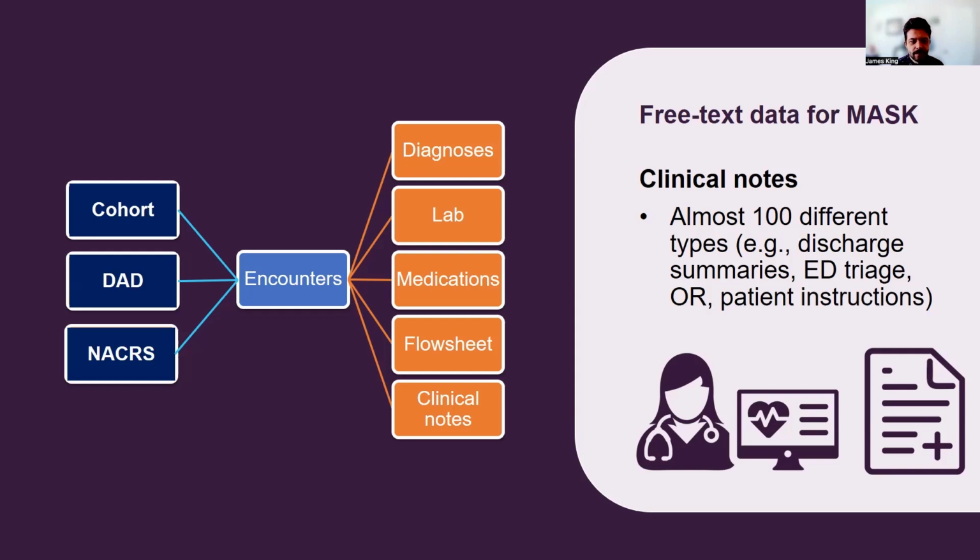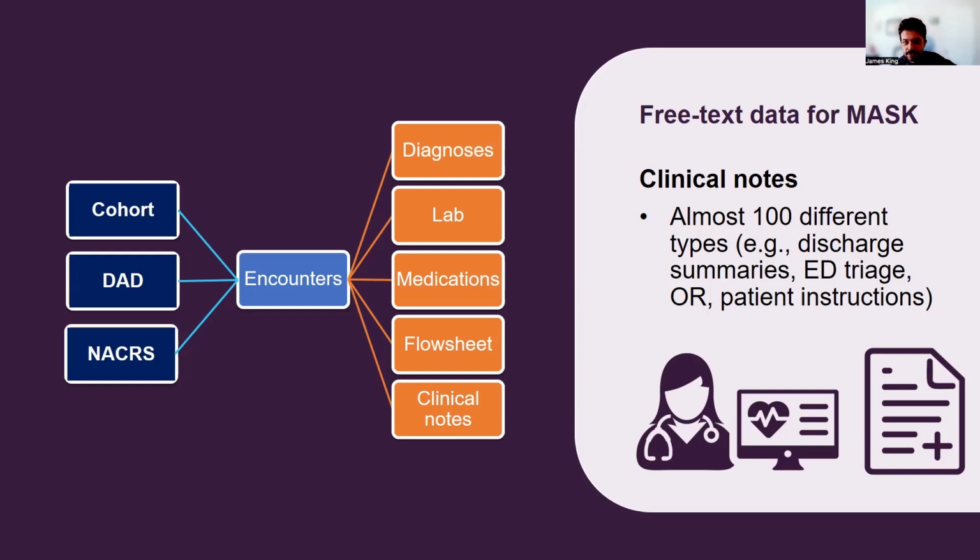There are various different types of information in these encounters in Connect Care, from diagnoses, lab, medications, and flow sheet, but really the clinical notes is where we're going to get more of that true free text narrative type information that would be really important to apply this algorithm on, to see how it works against the private and identifiable information that would be present there.